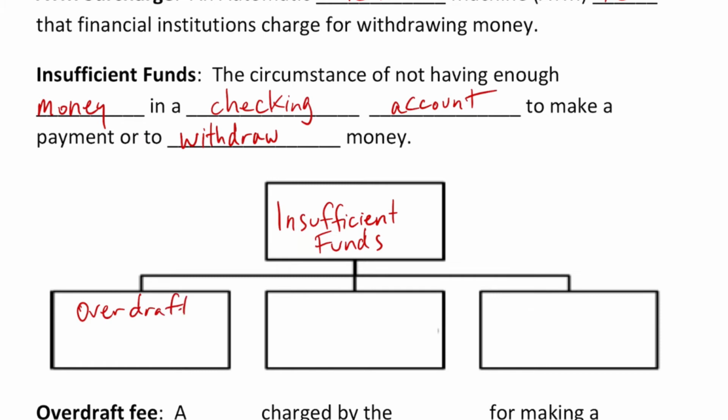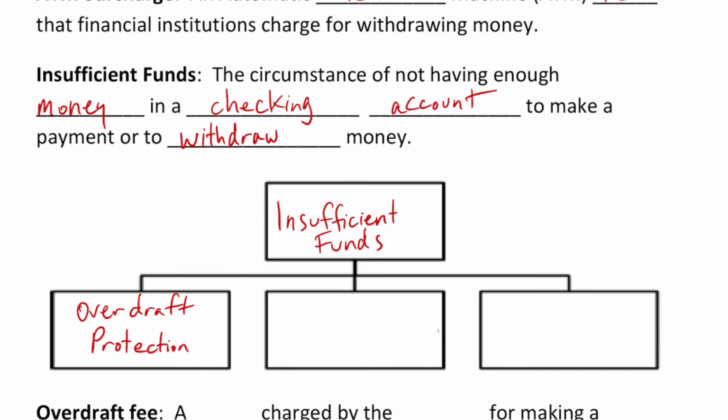Say I have $50 in my account, and I go to HEB and I spend $52. There's not enough in my account, but with overdraft protection, my bank, Chase Bank, will go ahead and approve the transaction. They'll tell HEB that it's okay. My transaction's approved, and I get to go home with my groceries. But in the background, they're going to charge me a fee, usually $20 to maybe $30 or $35, depending on your bank.